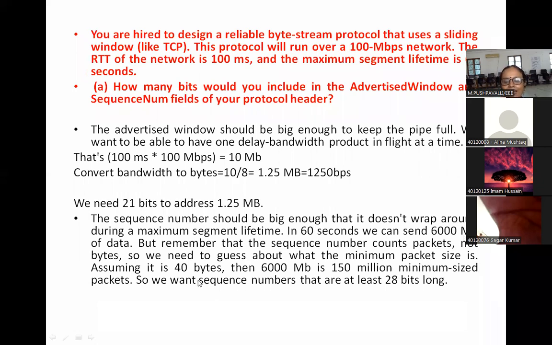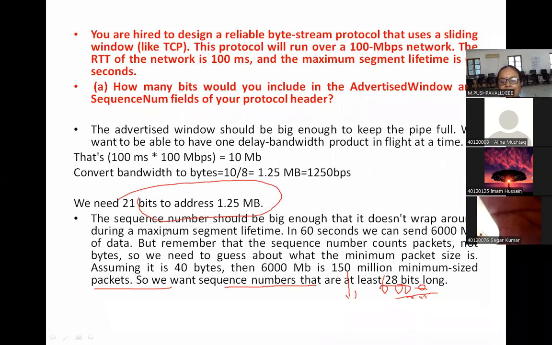While I'm doing that, 6000 divided by 40, if I calculate, I will get 150 million medium sized data. So 150 million means again I have to check with that, my advertised window here.